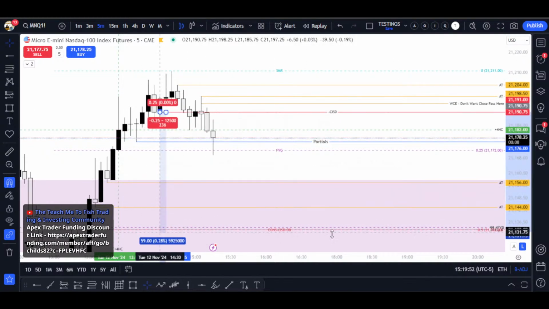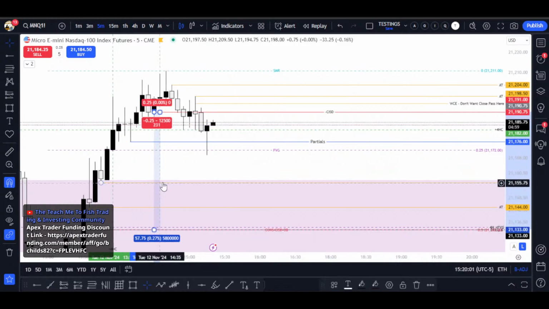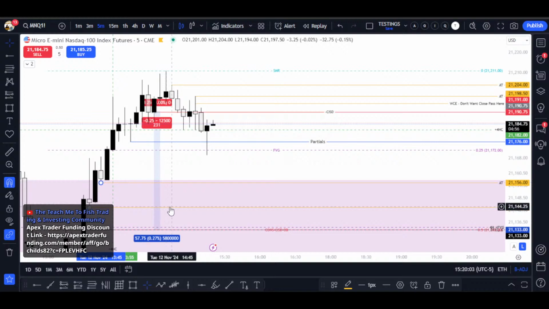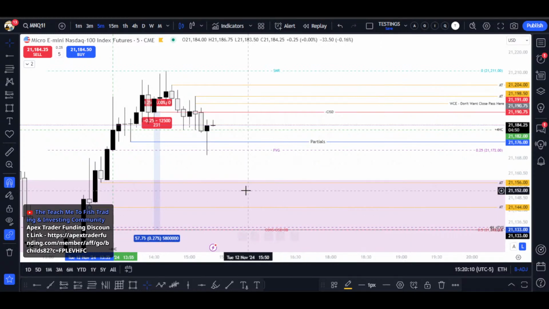And I would probably actually go down to the dealing range equilibrium. It's where I would want to go to. And again, taking partials at this algo target of 21,156 flat and an algo target of 21,144 flat.